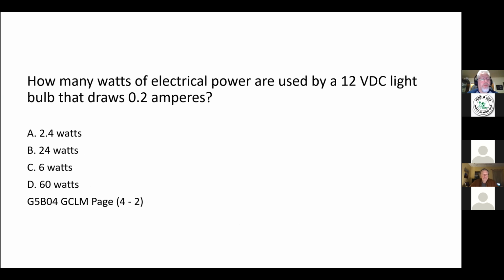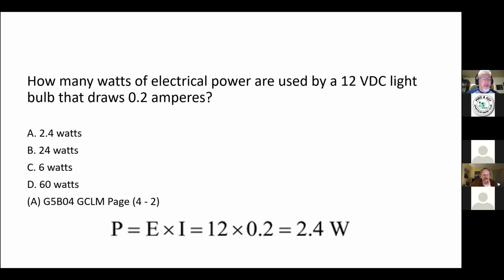A, 2.4 watts, B, 24 watts, C, 6 watts, or D, 60 watts? Alpha is correct, and the formula is P equals E times I, so that ends up being 2.4 watts.